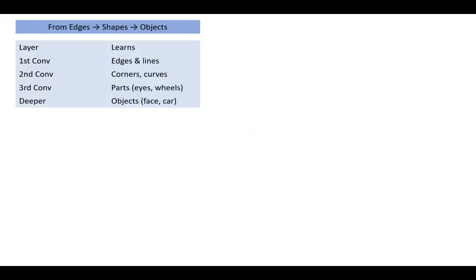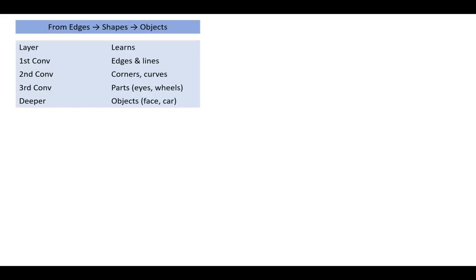Coming to the second most important terminology, layers. Let me call them the first, second, third and the deeper layers. You should imagine a series of layers. The first convolution layer learns the edges and the lines of an image. The second convolution layer learns the corners and the curves.